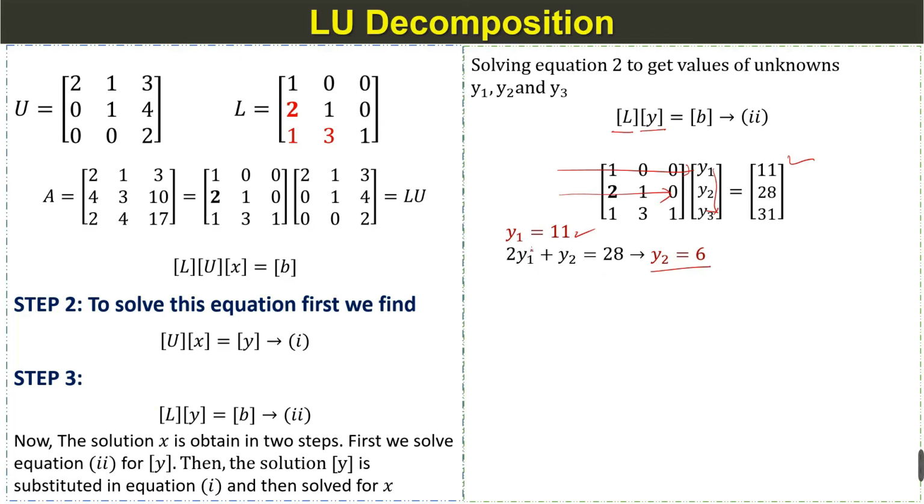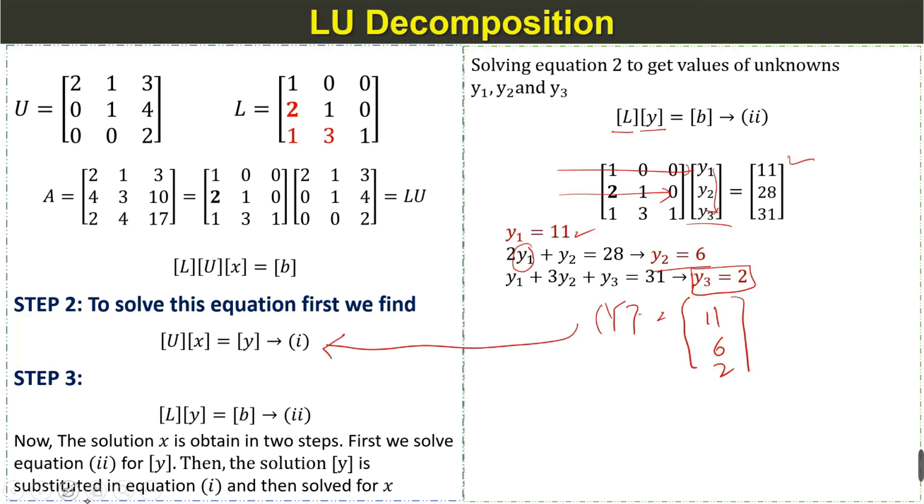We substitute the value of Y1 over here to get Y2, and similarly we get the value of Y3. Now we have the column matrix Y equal to 11, 6 and 2. Now we substitute this in equation 1 to find the values of X.